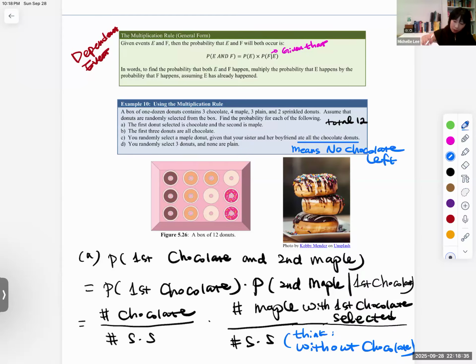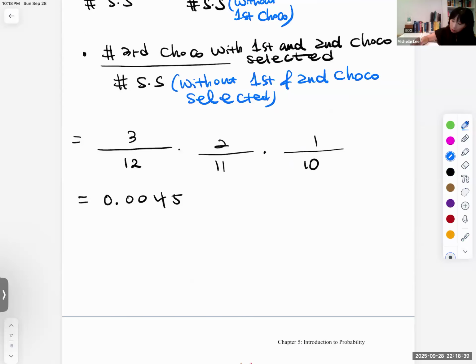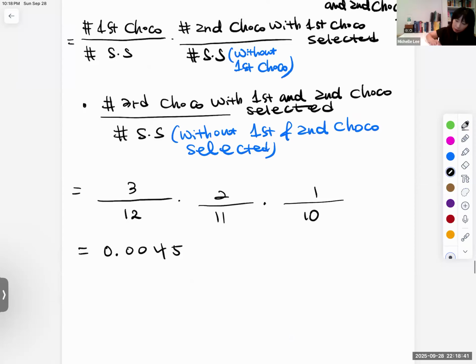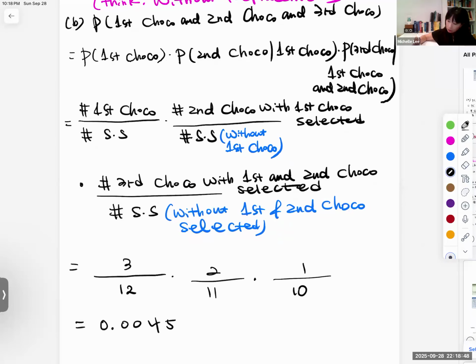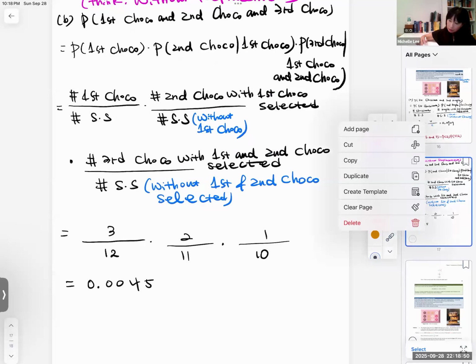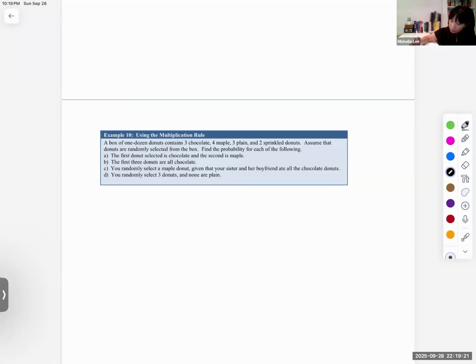Okay, so C part, maple. I'm going to use a different page for that.